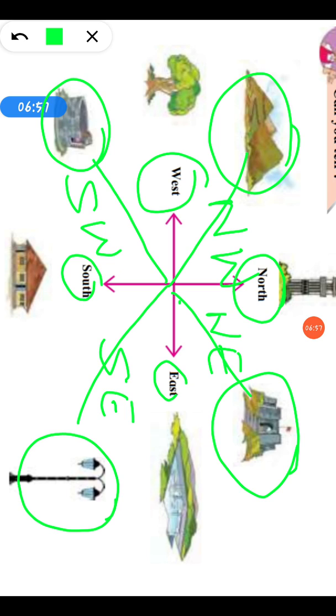So students, what have we learned? We have learned about the subdirections. In simple words, there are four subdirections: southeast, southwest, northeast and northwest.